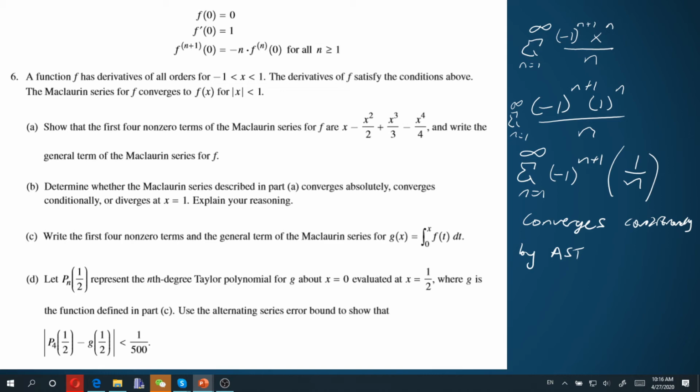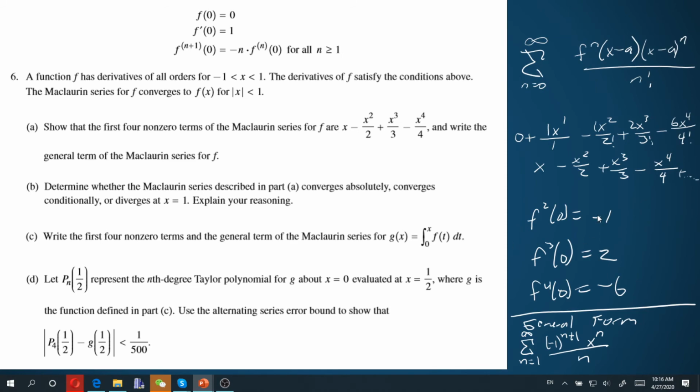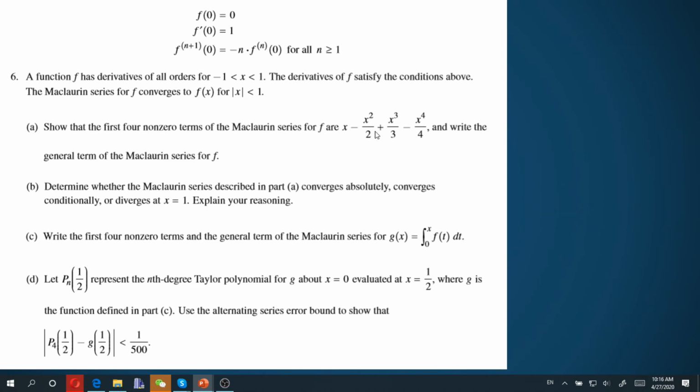And then we want the first 4 non-zero terms and the general term for the integral from 0 to x. I'm going to go back to our first 4 terms, I think. Oh, wait, they've got it here. Never mind.